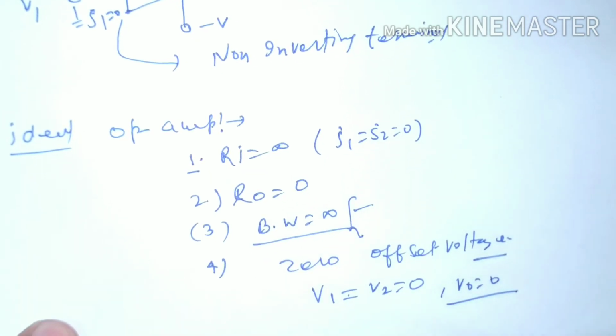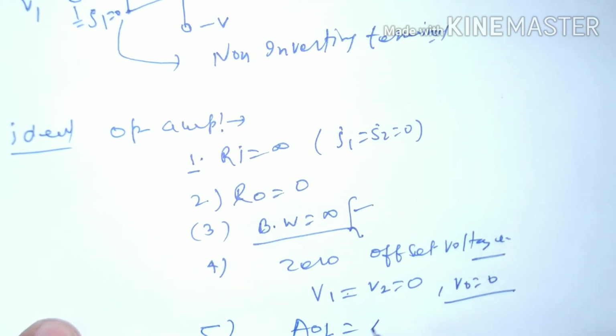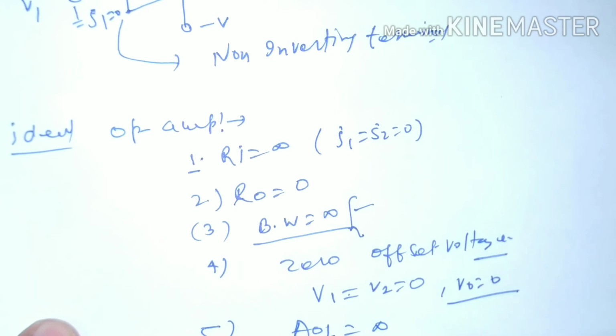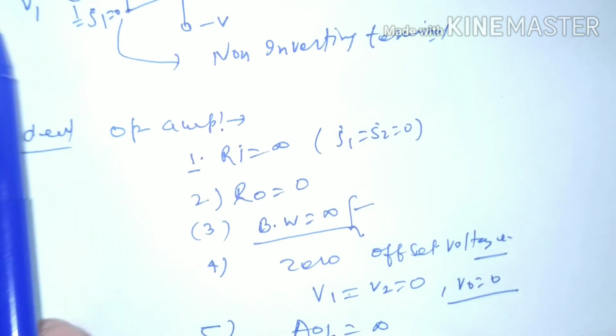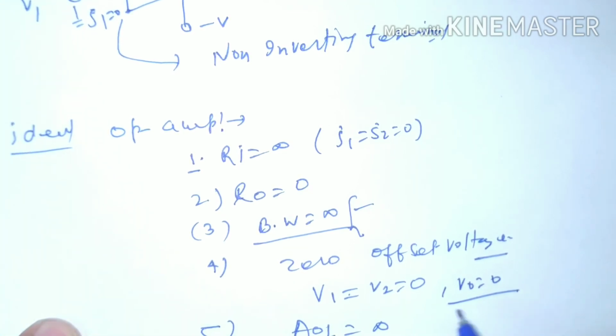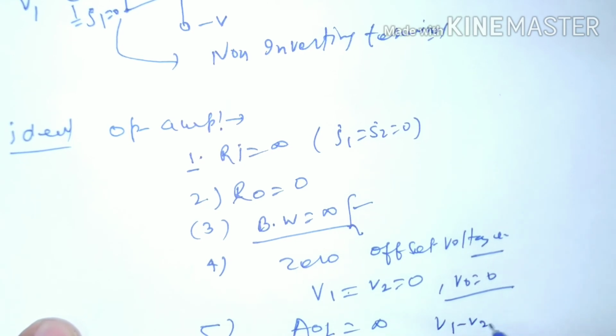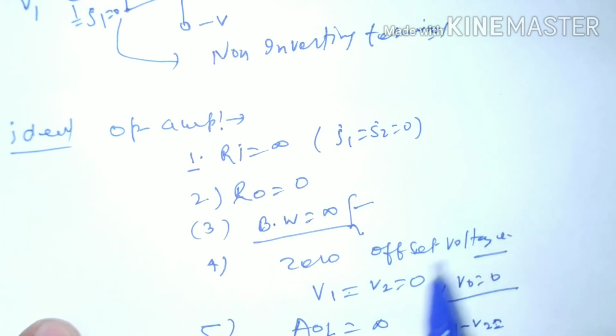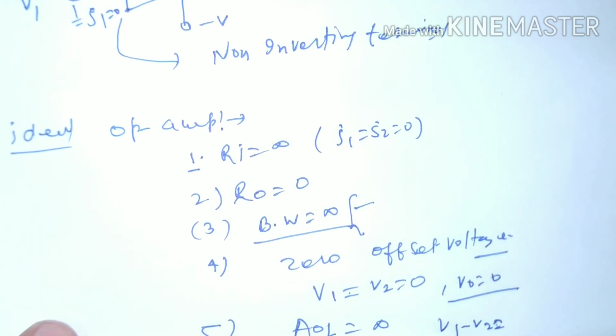Another property of an ideal op-amp is that its open loop gain will be infinite. What does it mean? It means that if we apply some voltage V1 minus V2, then its output voltage will be infinite.